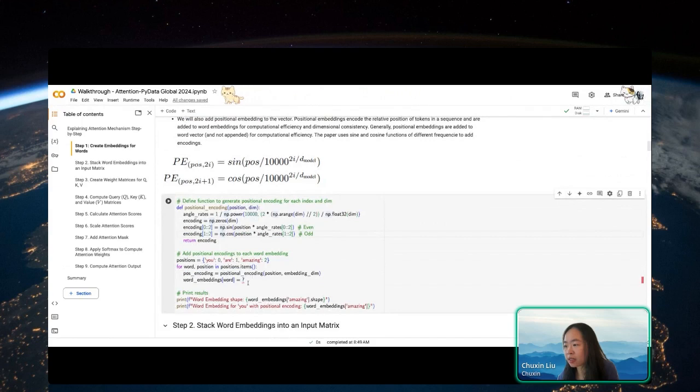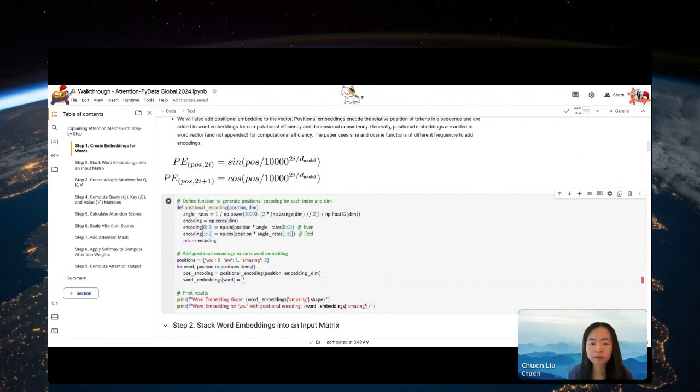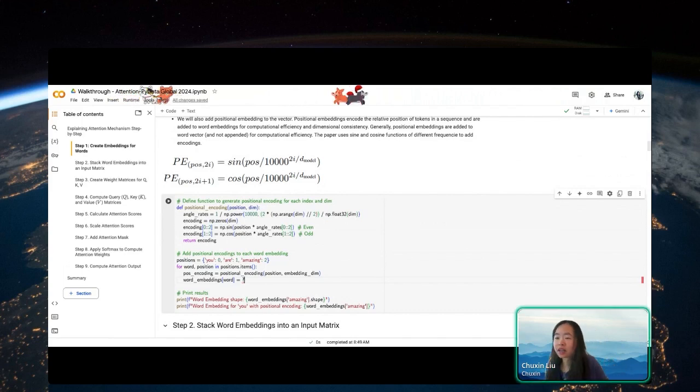Your next task is to add positional encodings to each word embedding. Fill out this question mark and see if it works. Again, if you are able to get through this, send a thumbs up.